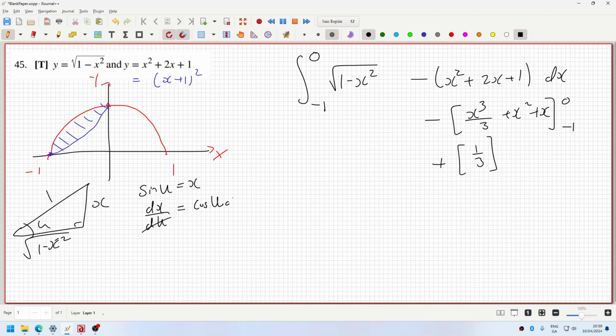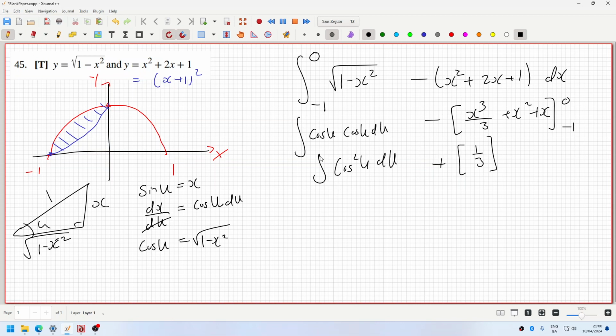So dx is equal to cos u du. And likewise, you can say that cos u equals √(1 minus x squared). So this integration becomes cos u, and the dx becomes cos u du. So this is the integration of cos squared u du.